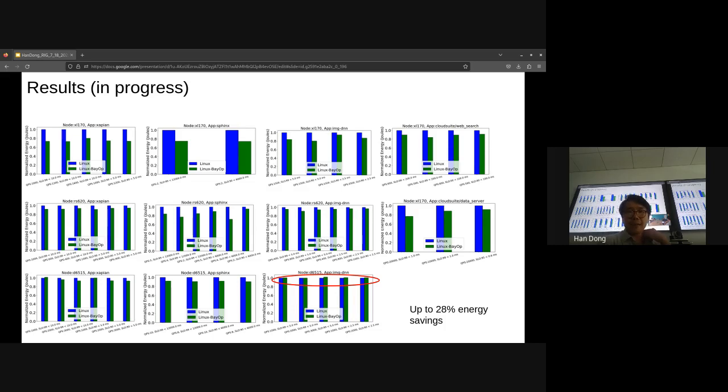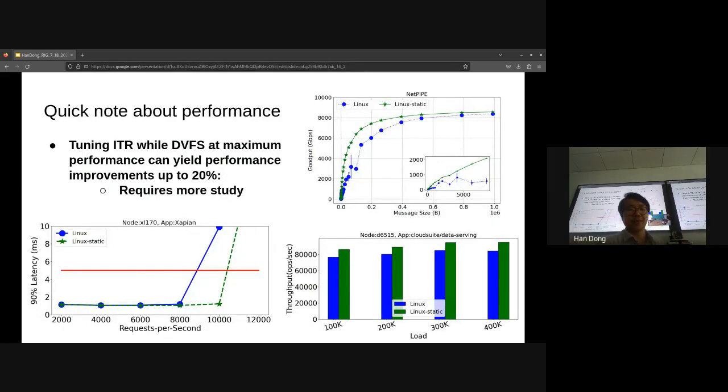And then the other thing I want to show is that we also did some quick performance tests. We wanted to ask the question, okay, what if we don't really care about energy? Can we still get performance wins in this case? So what we did was set the performance governor to performance on Linux, which means it will run the CPU at the hottest.